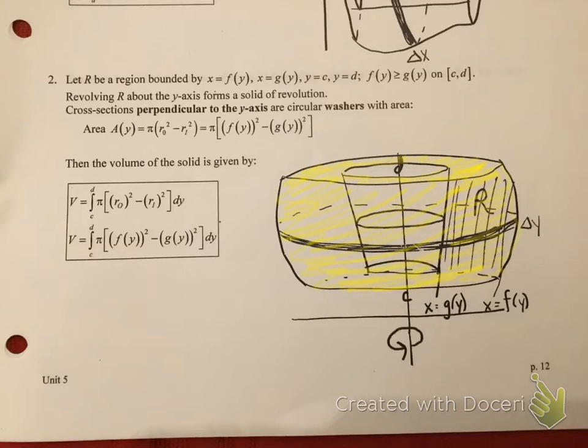Cross sections perpendicular to the y-axis are circular washers with the area A at y equals pi times the radius of the outer washer squared minus the radius of the inner washer squared, which equals pi times f at y squared minus g at y squared. Then the volume of the solid of revolution is given by volume equals the integral from c to d of pi times R outer squared minus R inner squared dy.